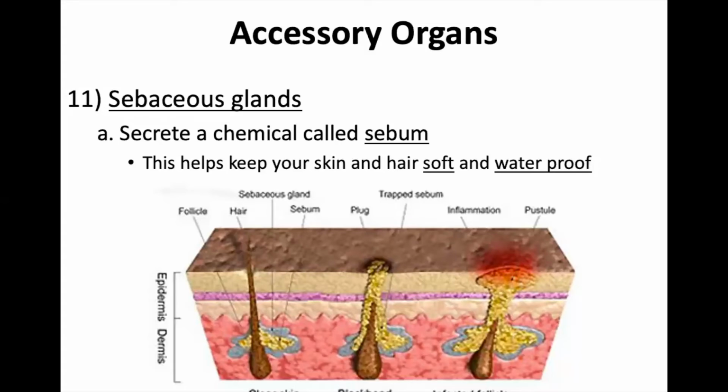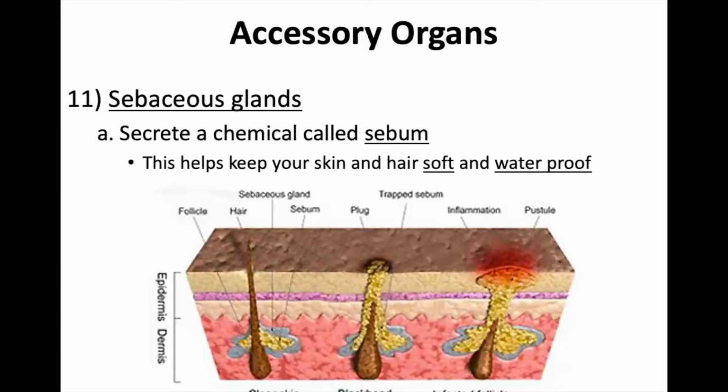It's going to keep your hair soft. And really important, it's going to keep you waterproof. Because if your skin doesn't want water, you kind of want to keep it away. You don't want to get too waterlogged. Now, too much sebum can become a bad thing. It can collect bacteria. Dust and grime and germs do get stuck in it. So you do need to wash away the old sebum and make room for new, fresher sebum.